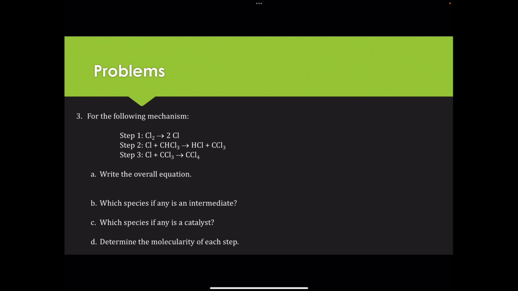So looking at problem number 3, we're going to continue to get practice with writing overall equations, identifying intermediates, catalysts, and now we're adding in that molecularity. So we're asked to write our overall equation. We've got this 3-step mechanism. We look to see if anything appears on both sides. I see that I've got chlorine here as a product in step 1, and I've got 2 of them.